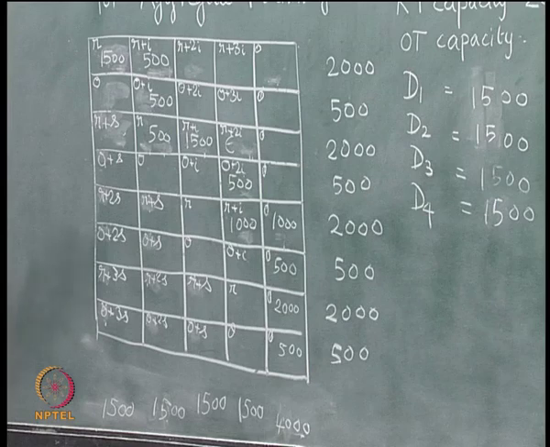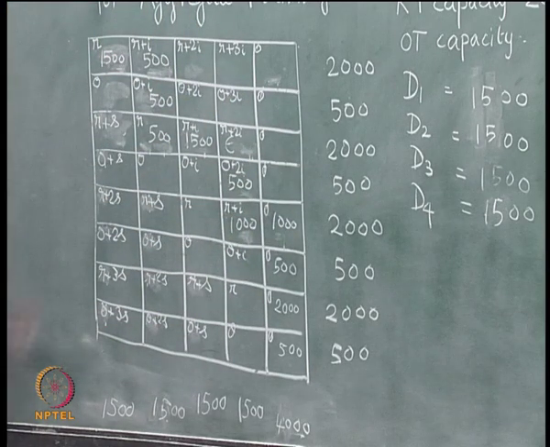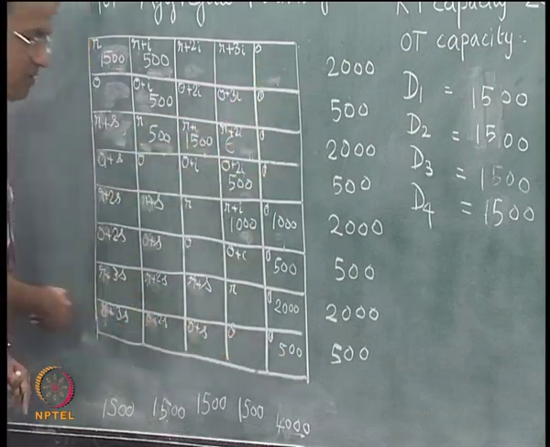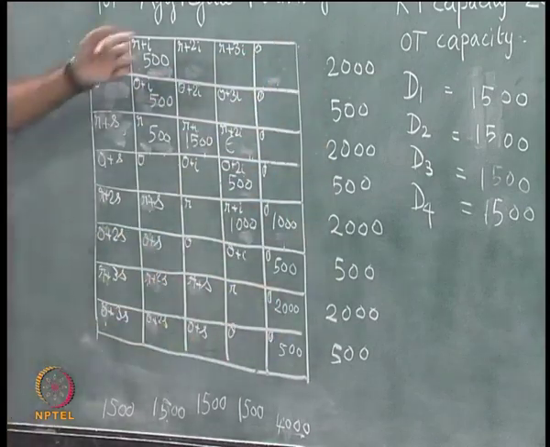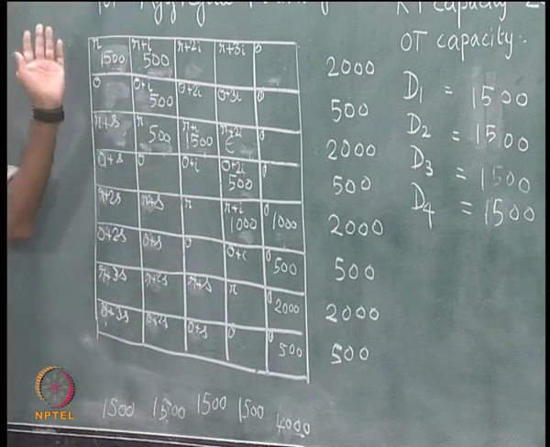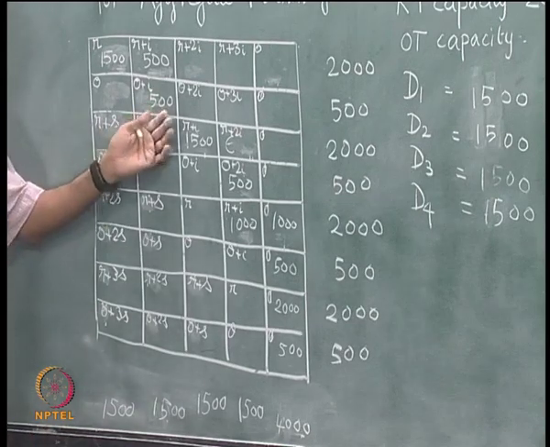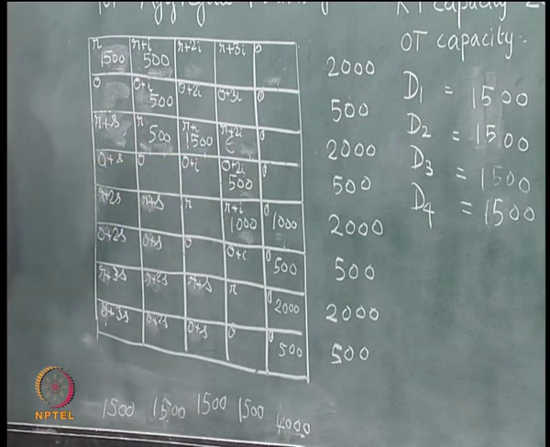The only difference is that if we apply the stepping stone method now, in this case there are 5 columns, 5 demand points, and 8 rows. So, it is 8 into 5, 40. The transportation should have 12 allocations, m plus n minus 1, but in this case it has 11, but we have added an epsilon to get 12. So, there are 12 basic variables, 28 non basic variables.